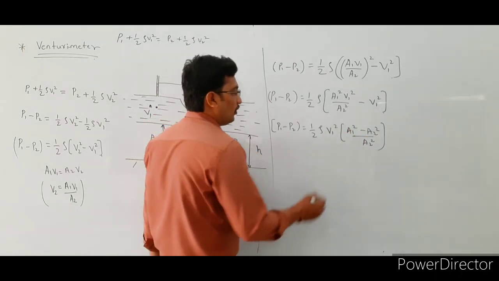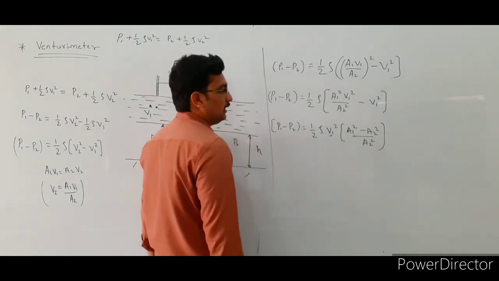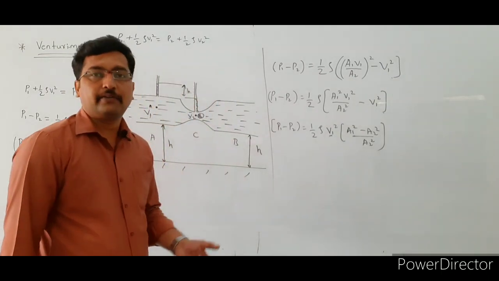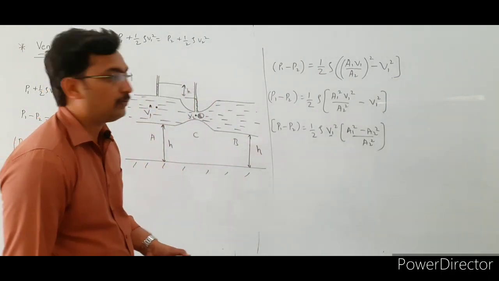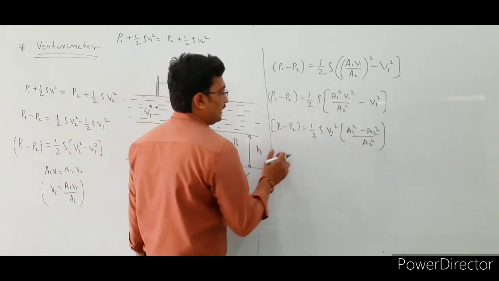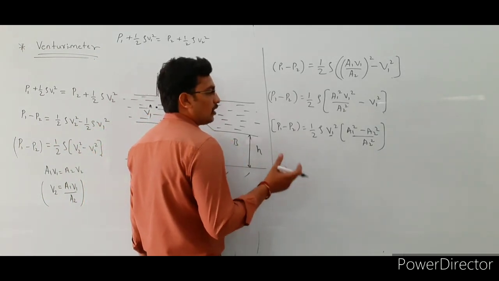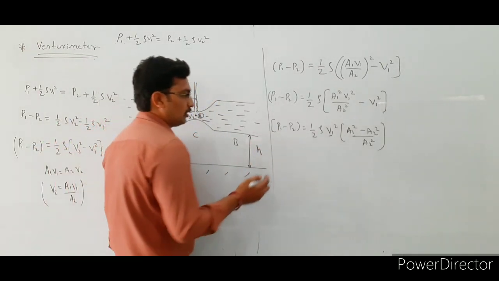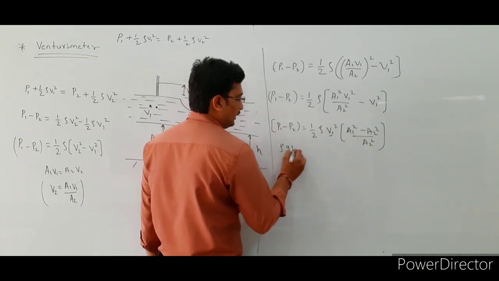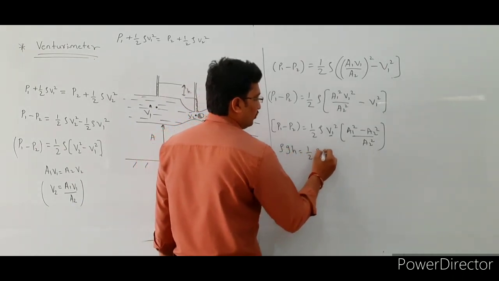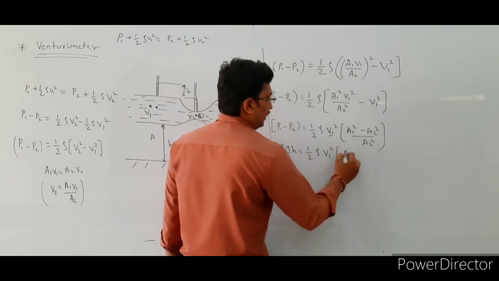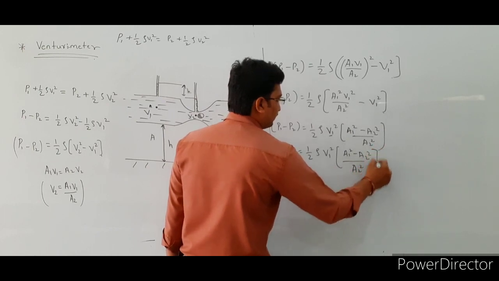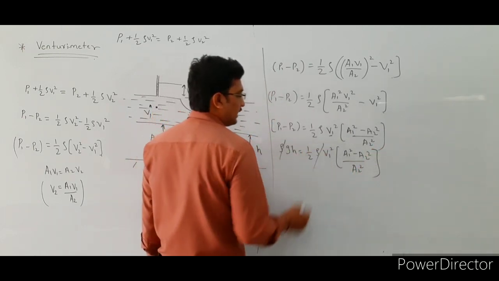So in this case we want the V1 square value, right? Before that, P1 minus P2 indicates the pressure difference between any two points, that is rho GH. Already we know that the gauge pressure, the pressure difference between any two points, is equal to rho GH. So rho GH is equal to 1 by 2 rho V1 square bracket of A1 square minus A2 square divided by A2 square, right? In this case rho gets cancelled.